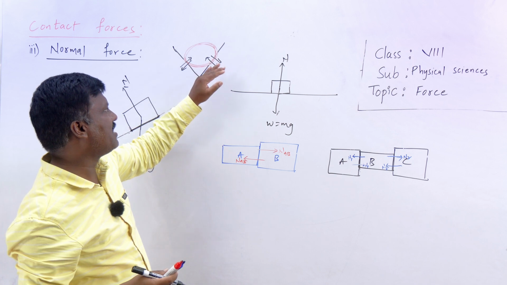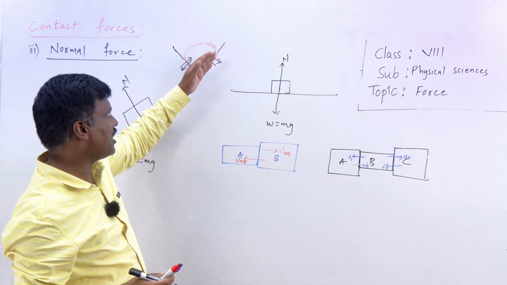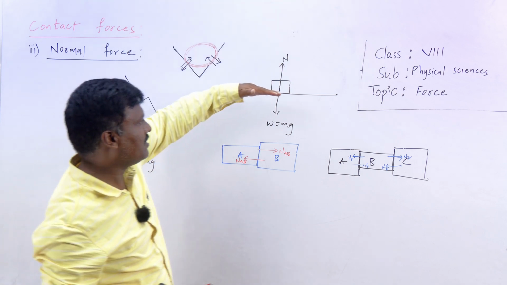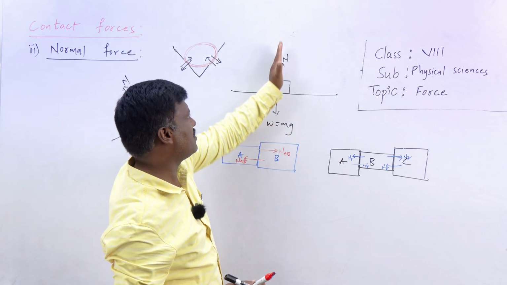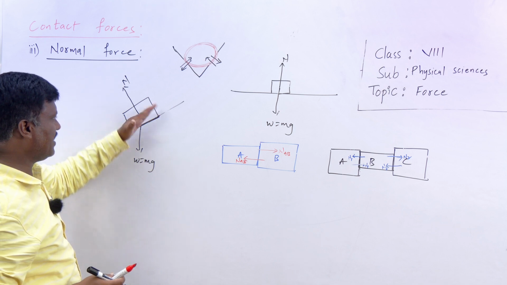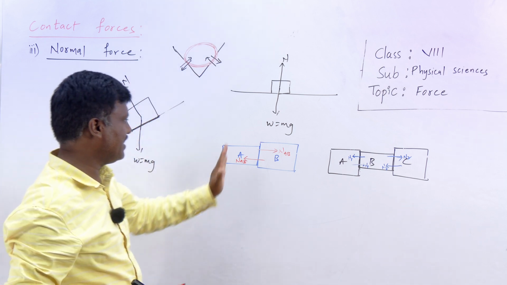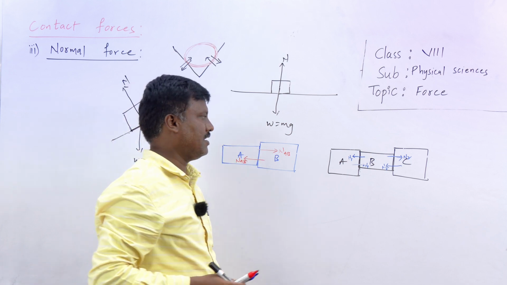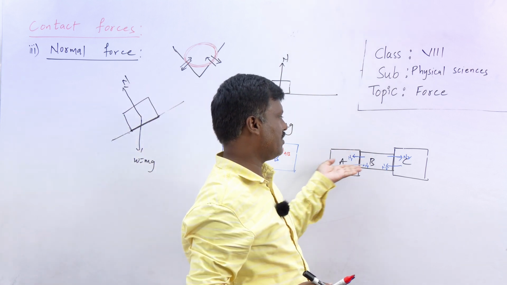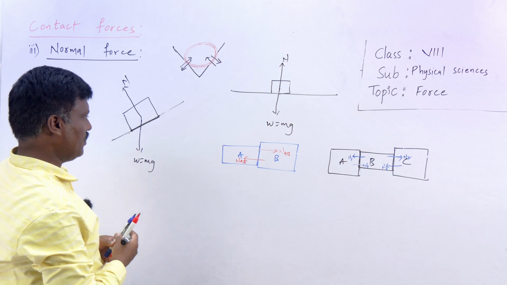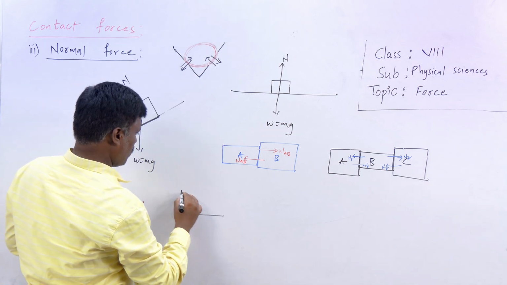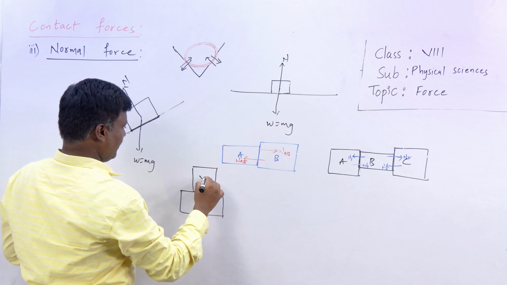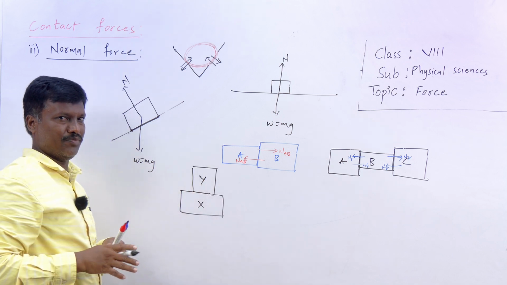Both bodies exert the normal force perpendicular to the surfaces in contact. Here this is the surface in contact, normal force is exerted perpendicular. Here it is a surface in contact, normal force perpendicular. Here it is a surface in contact, normal force perpendicular to surfaces in contact. Here also normal force perpendicular to surfaces in contact. Whenever you place block X and block Y this way, now tell me what is the direction of the normal force.